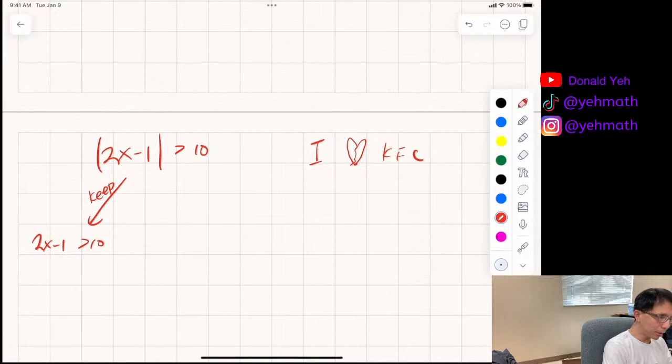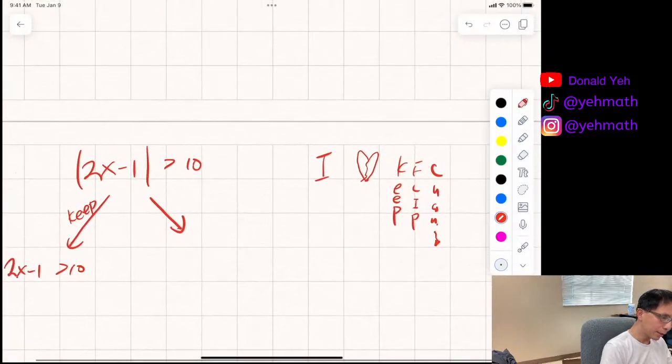Now, this splits two different ways, right? The first way is going to be keep, and this way is going to be flip and change. It's usually keep, change, flip, but this is flip the inequality sign and change the sign.